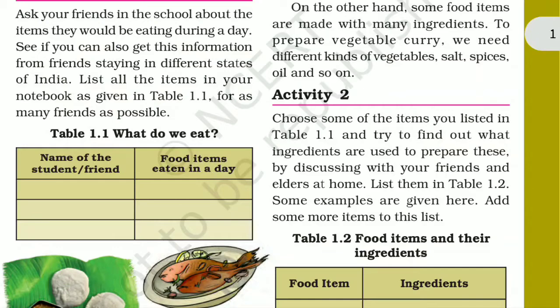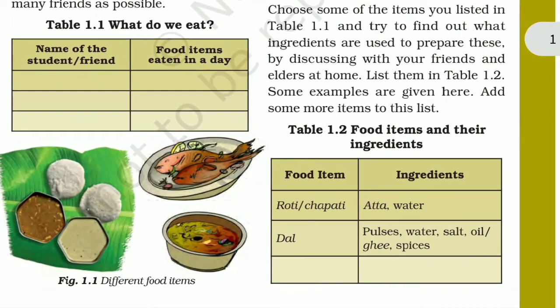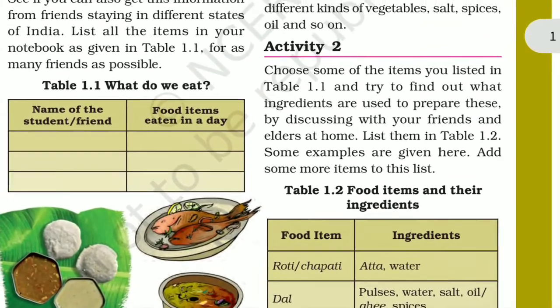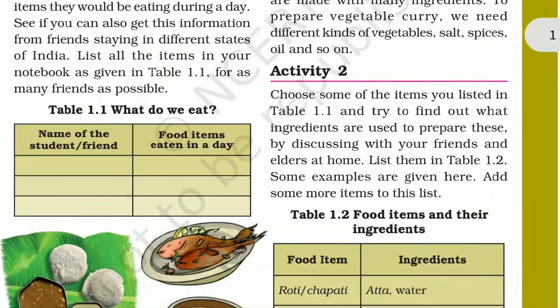Like in Tamil Nadu, they eat idli, as shown in this figure 1.1, different kinds of food items, right? List all items in your notebook as given in table 1.1. So they've shown that you have to make a table like this, and you can write as many friends as possible. Okay?